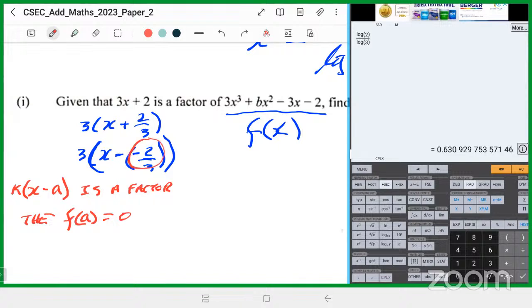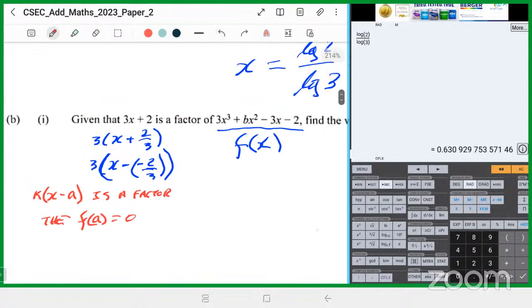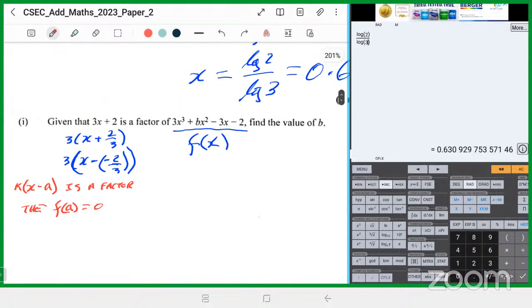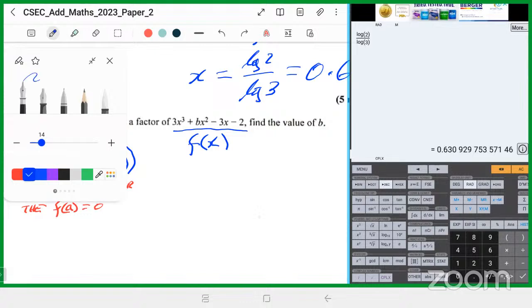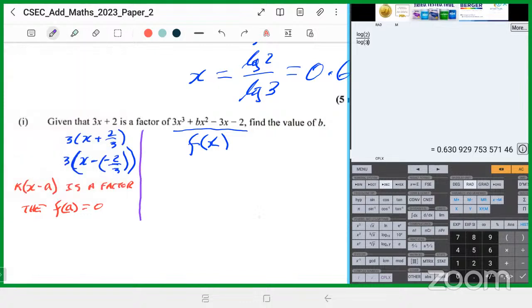This is my a, negative 2/3. So I've taken this factor and written it in this form so I can identify my a. And so f of negative 2/3 is equal to 0. That's what I'm going to solve.